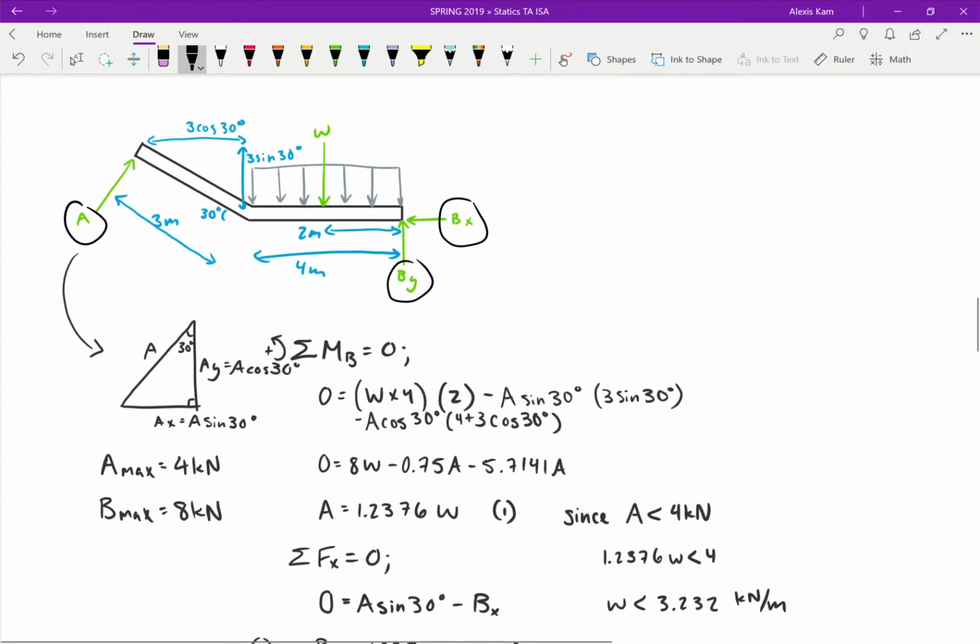Then if we get started with our problem, we can start with our equations of equilibrium to find these reactions.